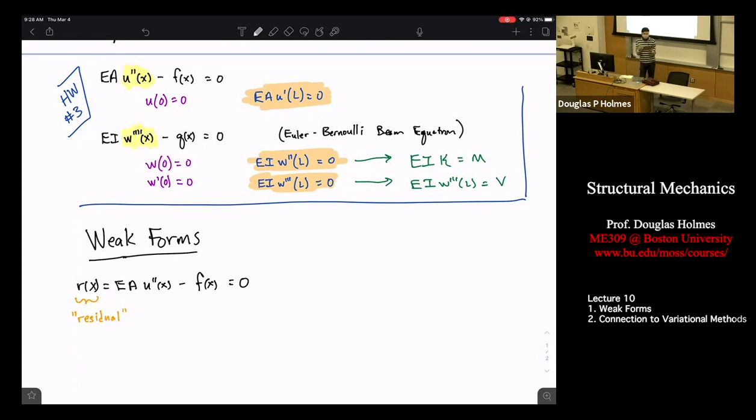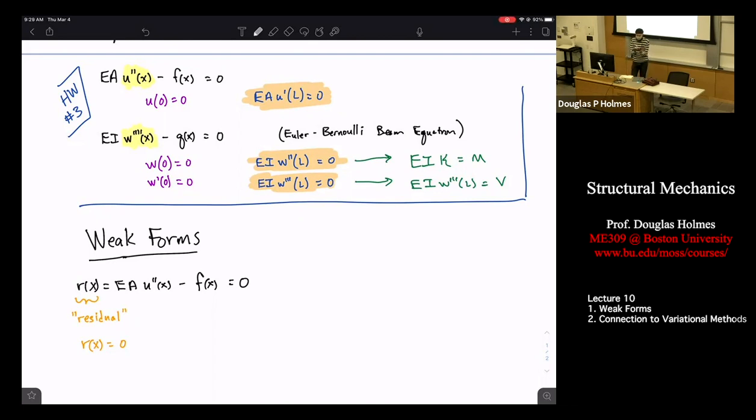So really compactly, we could say that our residual has to equal 0. To solve our problem, this equation must hold for every point over the elastic body.